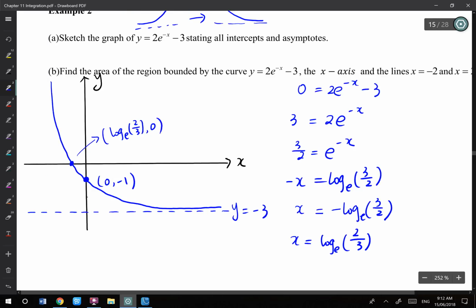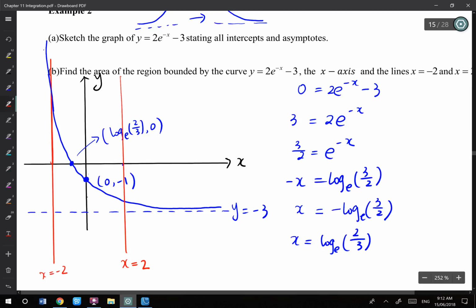Well, it's easy to sketch x equals 2, and then x equals -2. Okay, x equals -2 is this one.